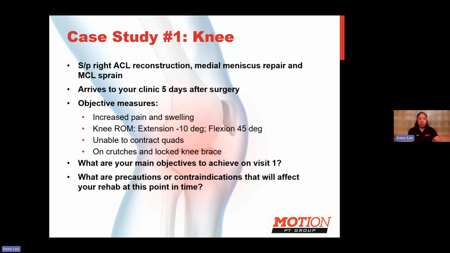It is not looking pretty with -10 degrees here. No, that's for sure. The cases I've listed are all cases I've had. So we'll go off of that one. Yes, one of my number one objectives is to get that extension back.